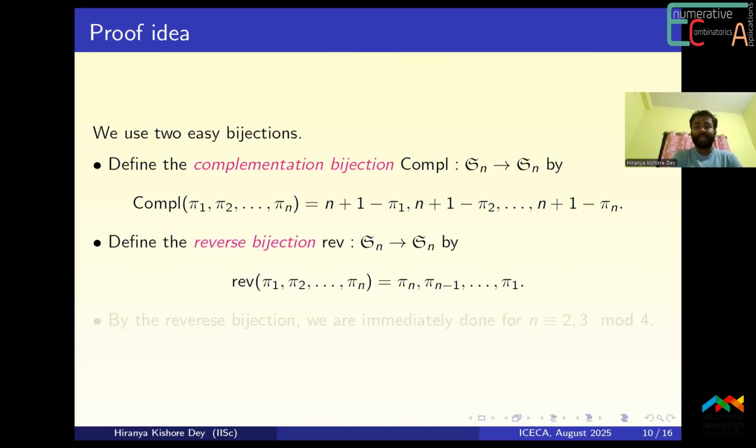And it changes the sign when n equals 2, 3 mod 4. So by this reverse bijection, we are immediately done when n equals 2, 3 mod 4. As this changes the sign, it gives that the sign enumeration is nothing but 0.